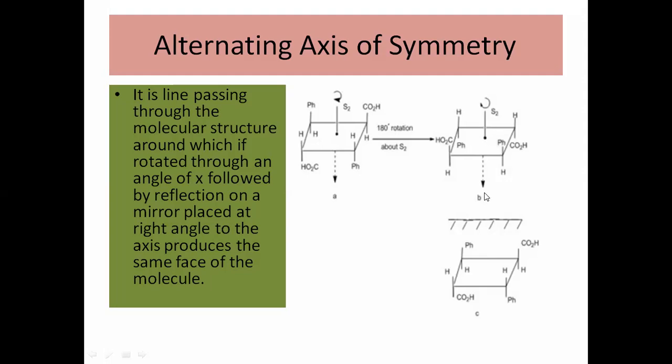This line is perpendicular to the mirror. Then it produces the same phase of the molecule. So the substituents on the carbon atoms are the same. It is called the alternating axis of symmetry.